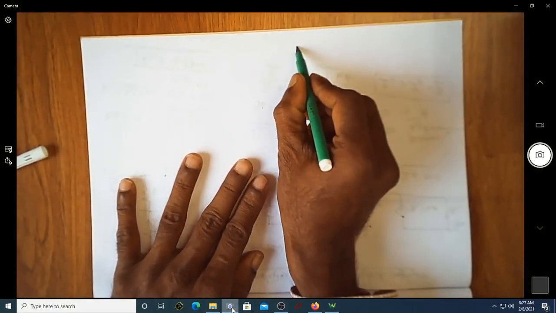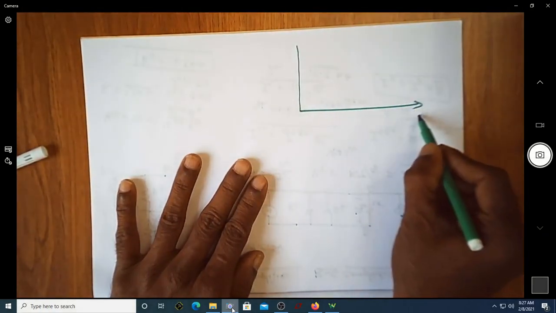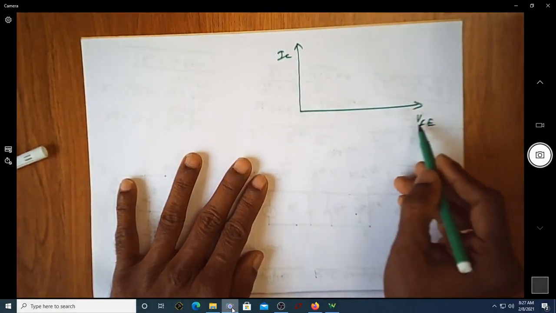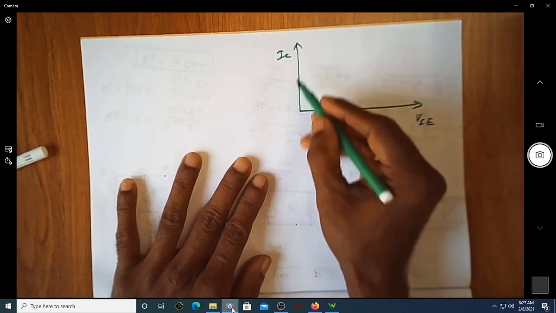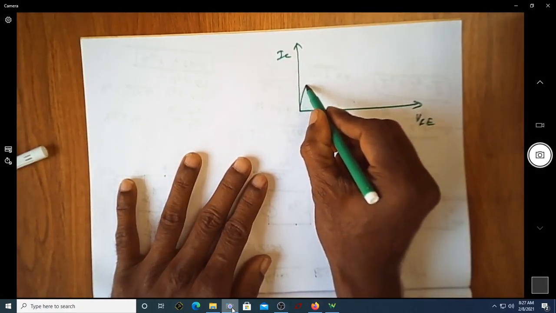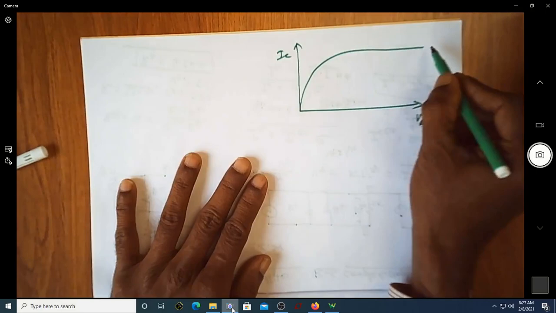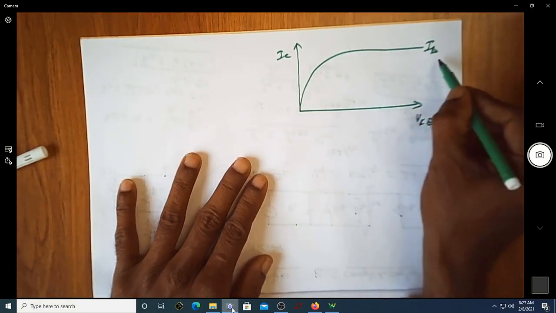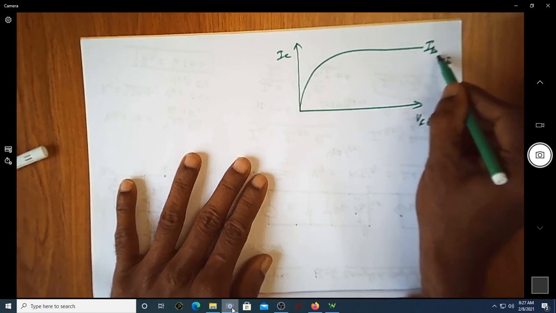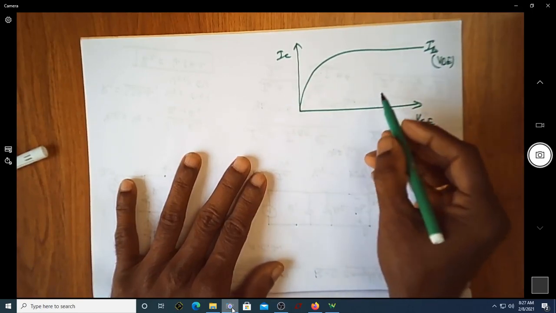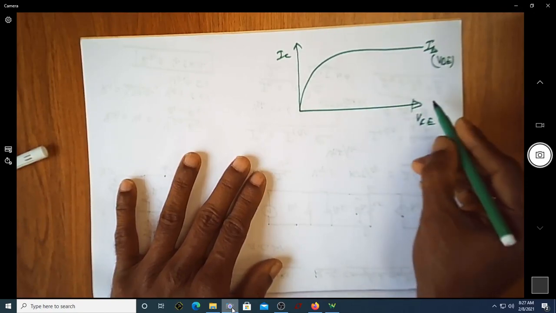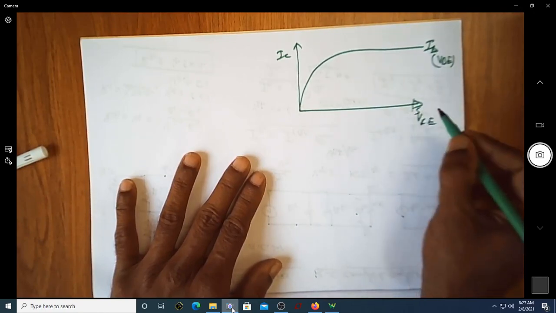Suppose I consider this as the output characteristics of the BJT, with VC on the x-axis and IC on the y-axis. So this is how the characteristic goes. This is for a particular value of IB, which is also proportional to the value of VBE. So I should operate somewhere here. This is the maximum value of VC that you can have, which can be 5 volt.